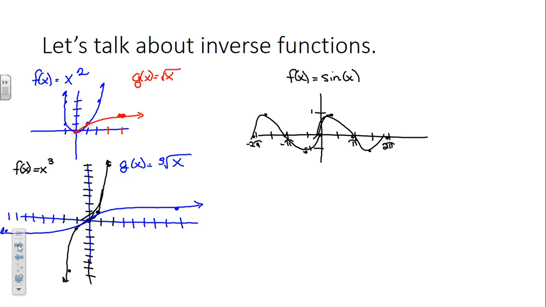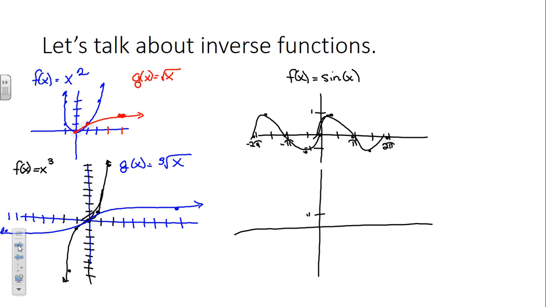Okay? Let's think about what that would look like if we tried to find the inverse of that. Now our x-axis will have values that are on the y-axis.